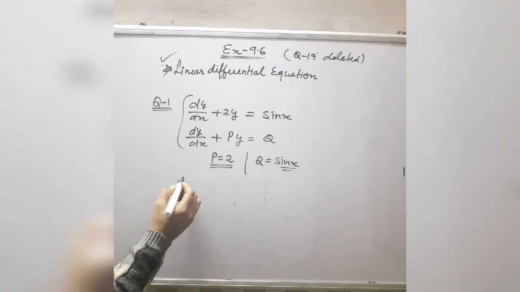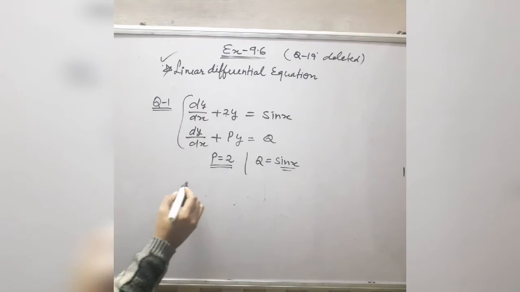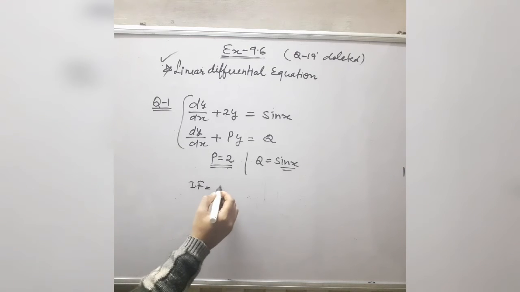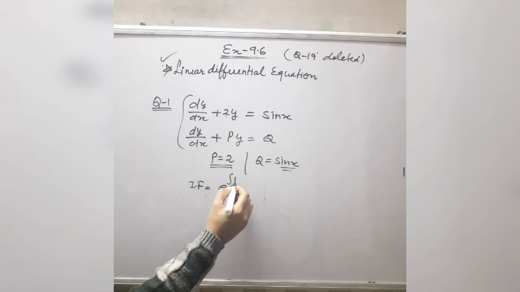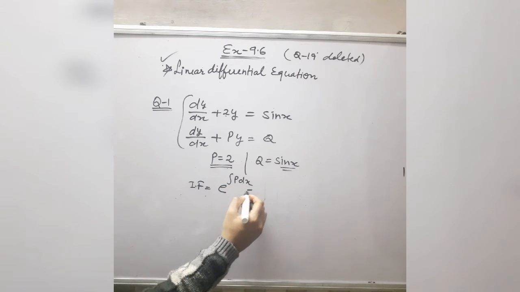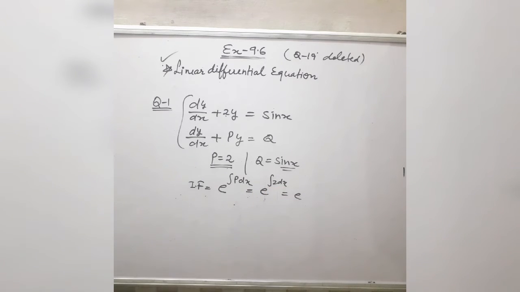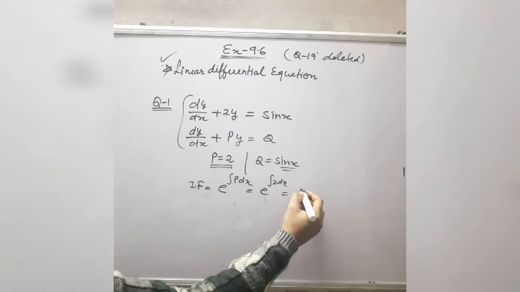For the solution, firstly we find the integrating factor. The formula is e raised to power integration of p with respect to x. The integration of 2 is 2x, so the integrating factor is e raised to power 2x.